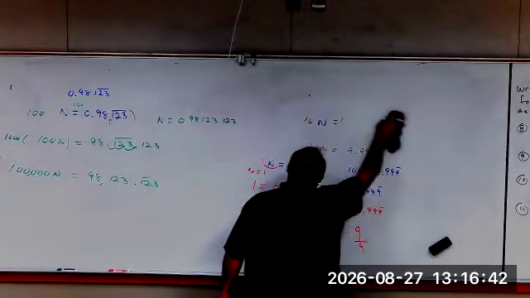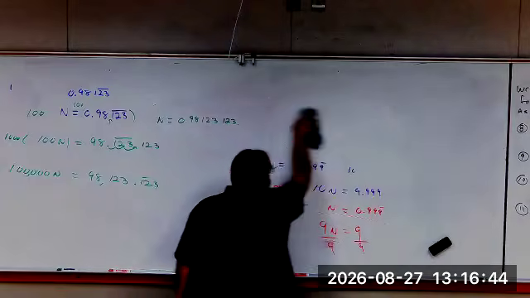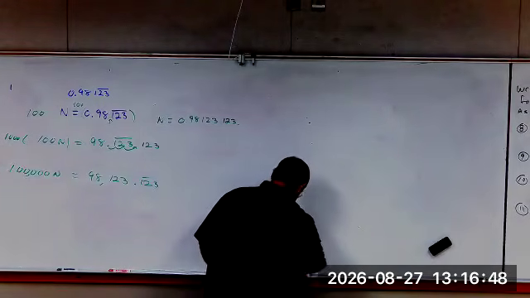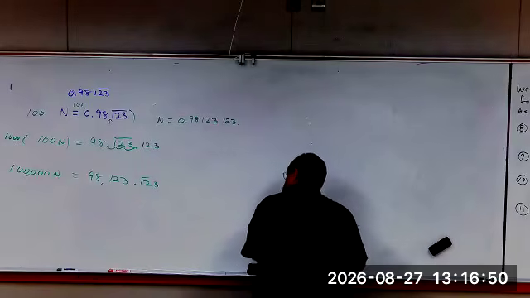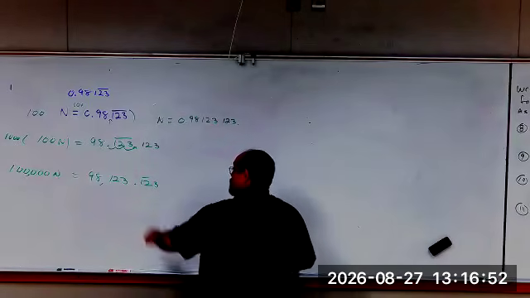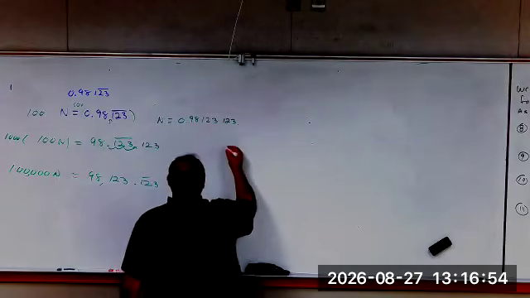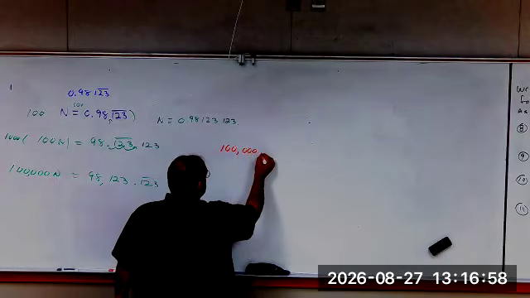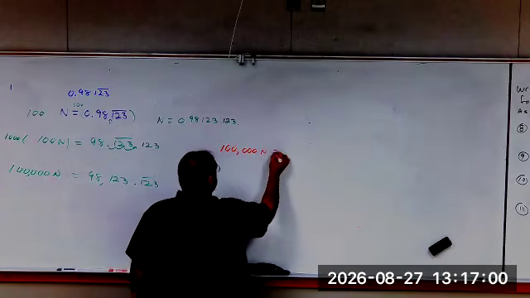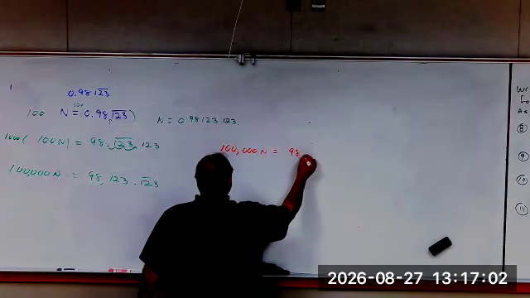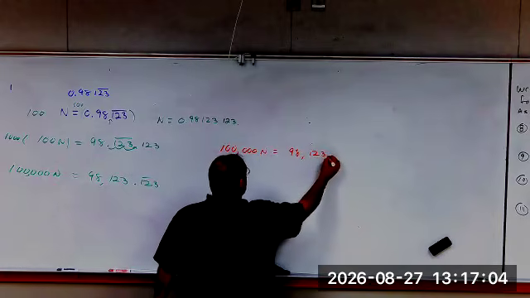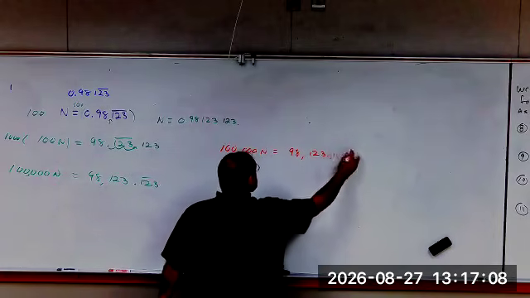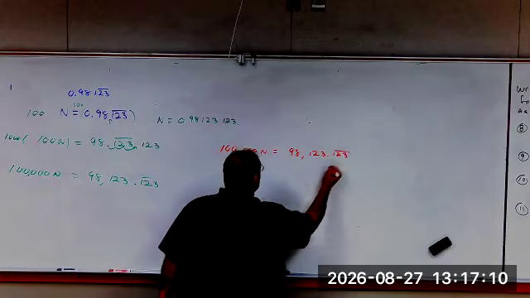So I have 100,000n equal to 98,123.123 repeating. There we go.